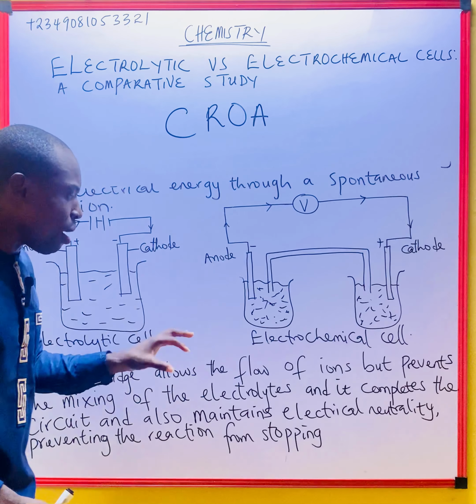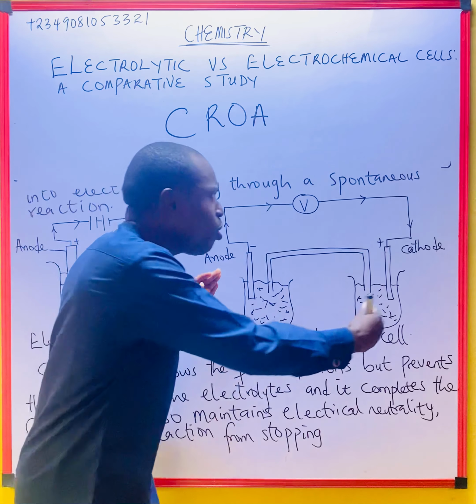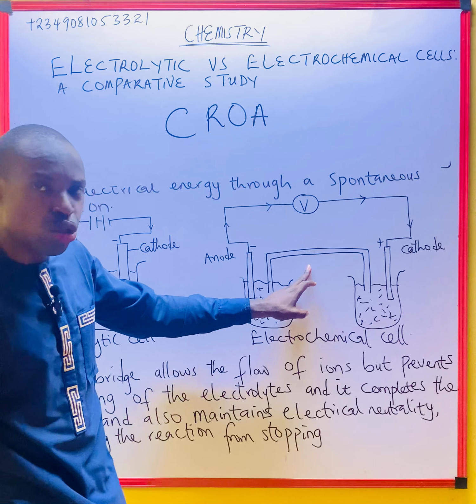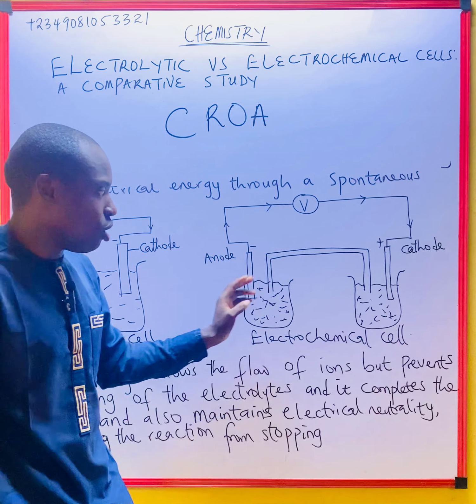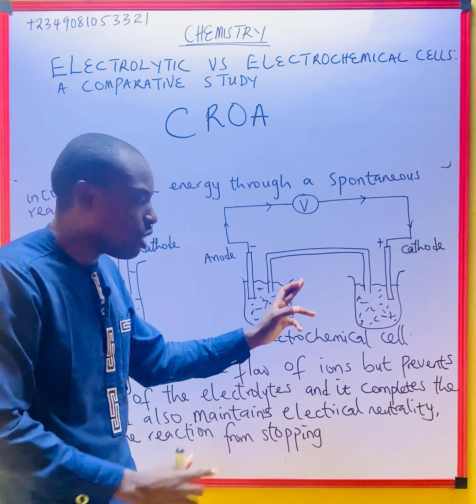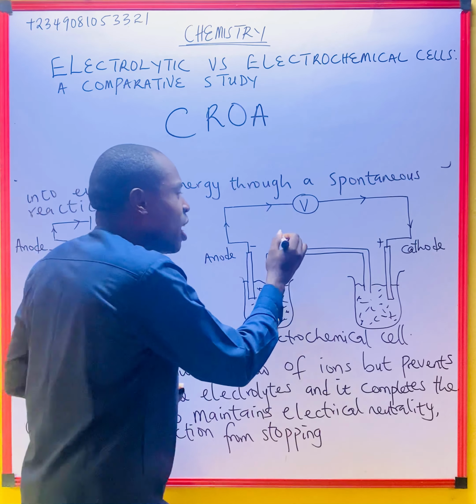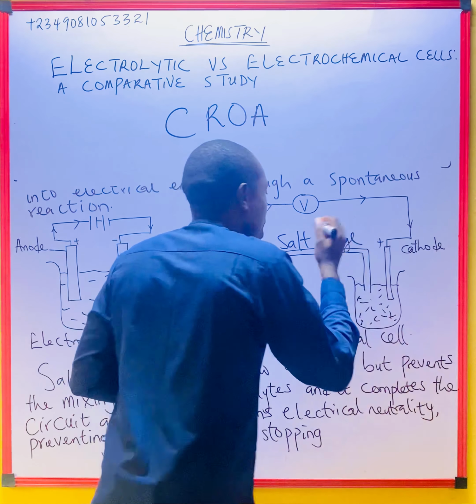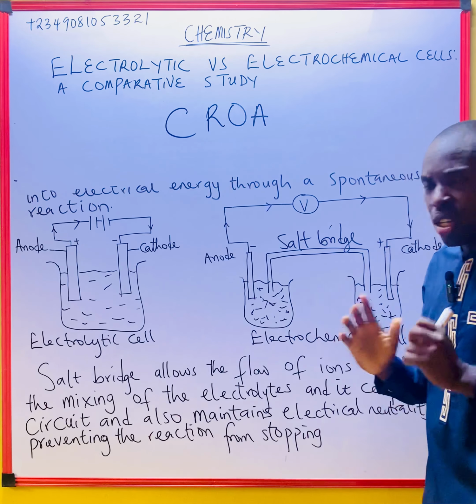Now, when we go deeper, if you look at the electrochemical cell, we have something like a U-tube here, an inverted tube. What you are seeing there is what we call a salt bridge. Do not forget. Now, what does a salt bridge do? Take note.